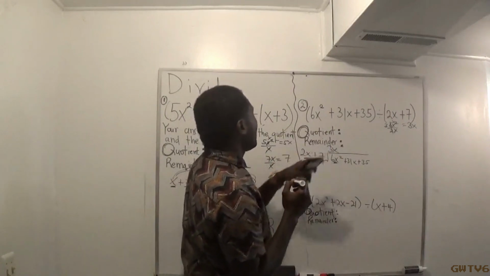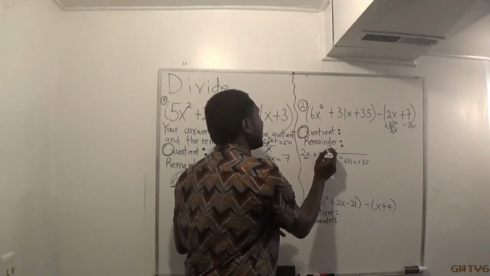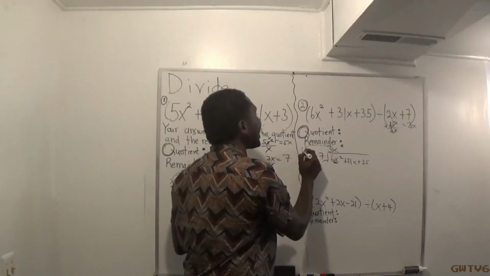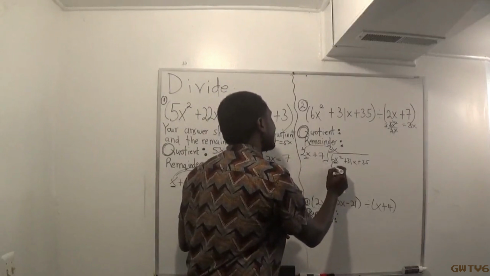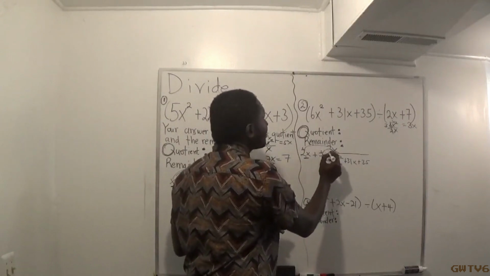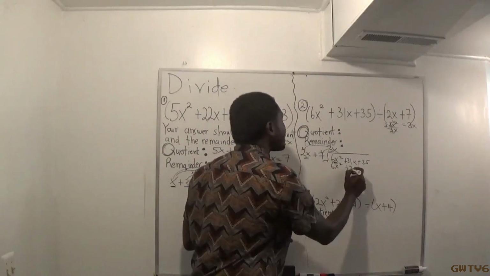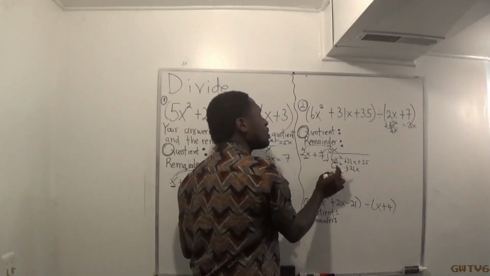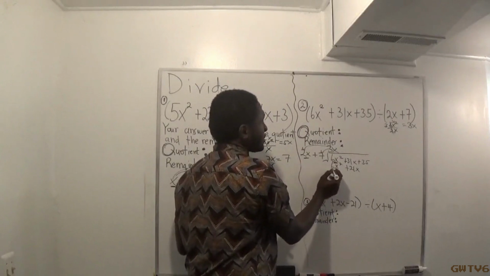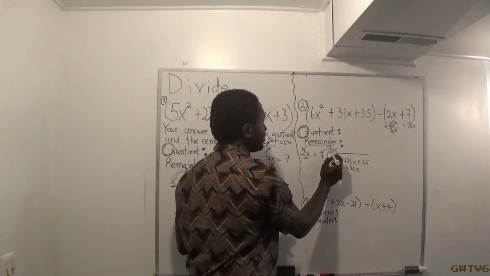And once I put anything here, I take that and times by each one of these. So 3x times 2x is what? 6x squared. 3x times 7 is 21x. I always want the first one to cancel. So I'm going to do, in this case, the opposite right here.